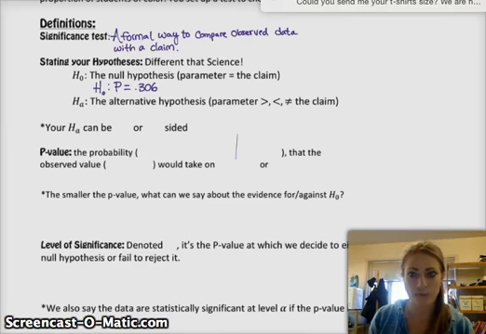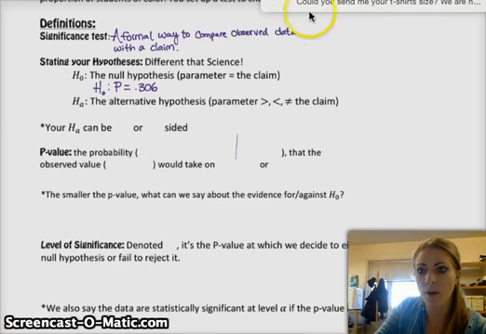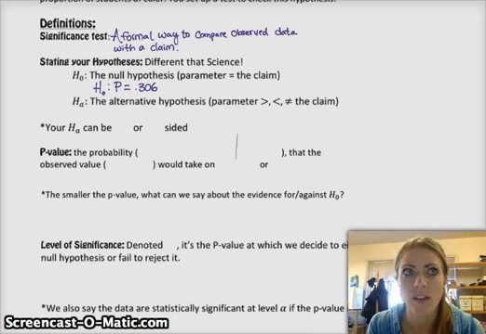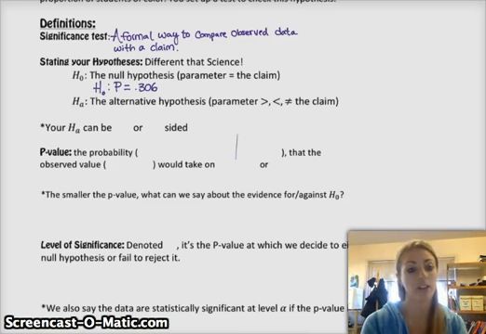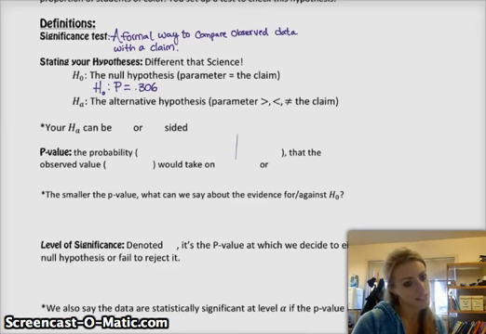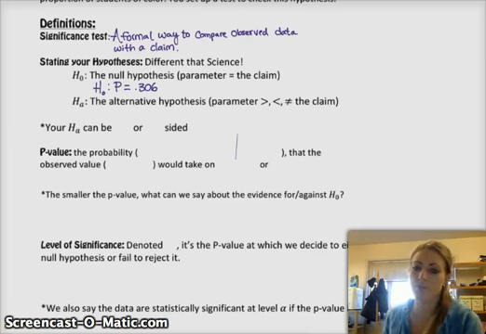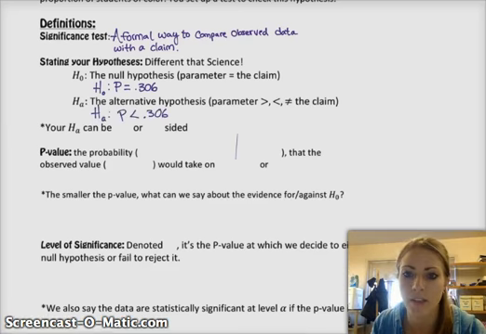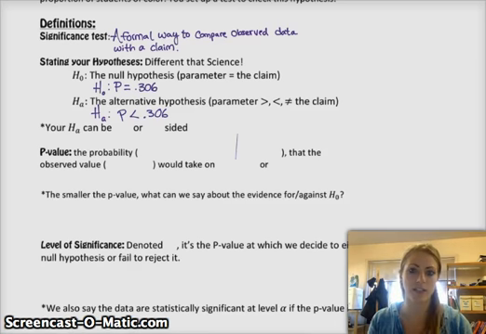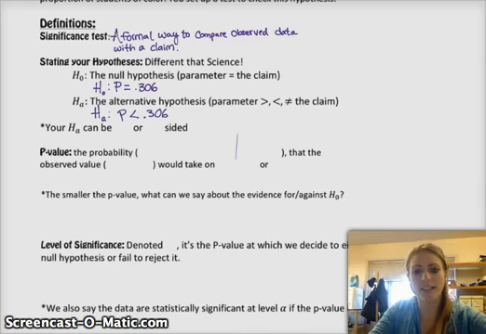Basically, we would want to test whether or not the proportion of students of color at Dawson is less than 0.306. So that's kind of the thing that we want to prove. So depending on what you're testing, your alternative hypothesis can either be one-sided, so less than or greater than, or it can be not equal to, which is a two-sided test.